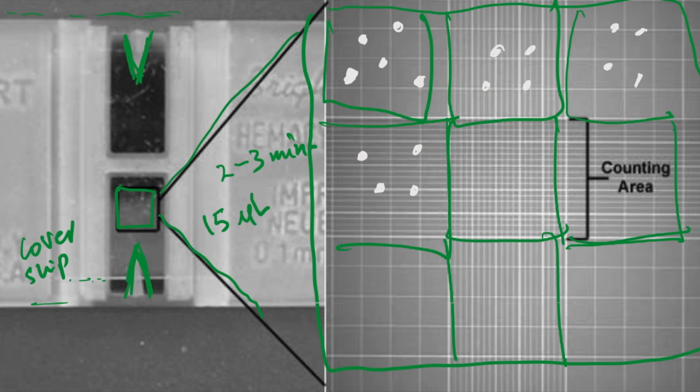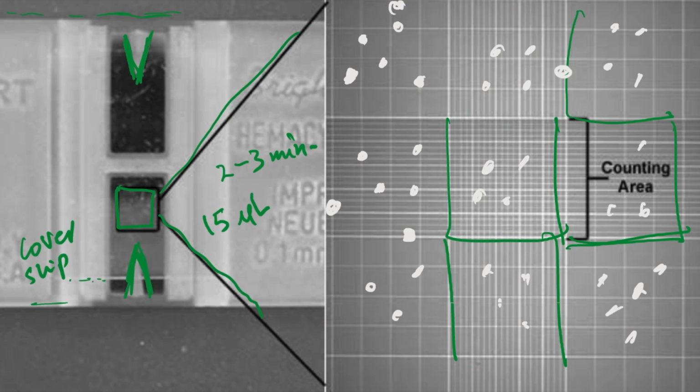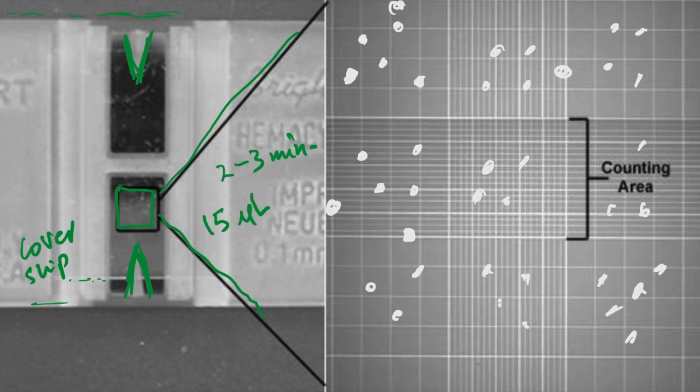Now that you are familiar with these 9 grids, you can visualize them. We're going to go ahead and remove these 9 grids that I had marked. Yeah, so there we are.